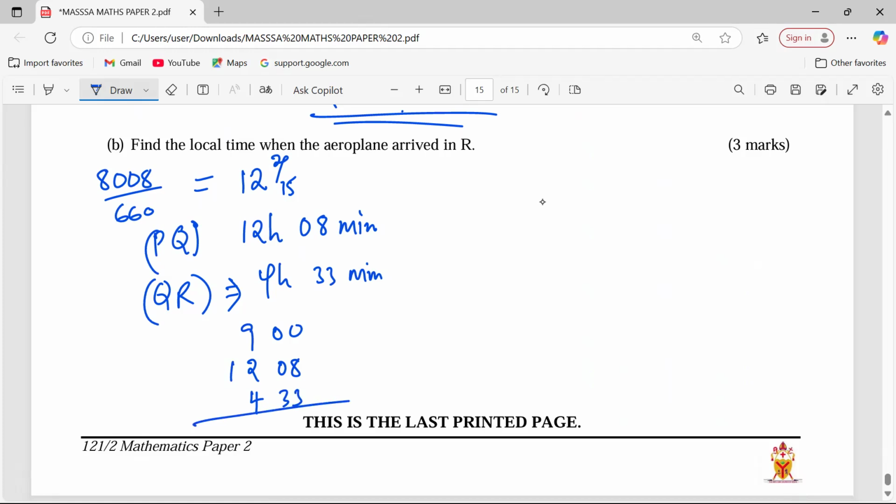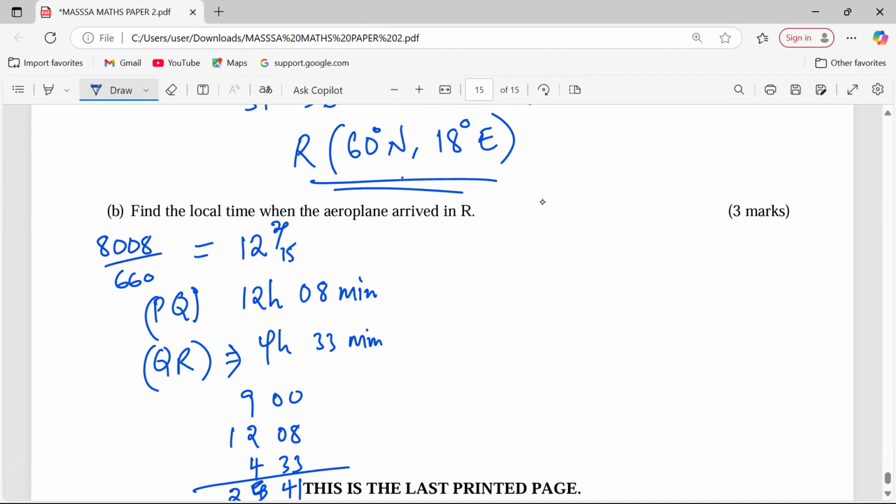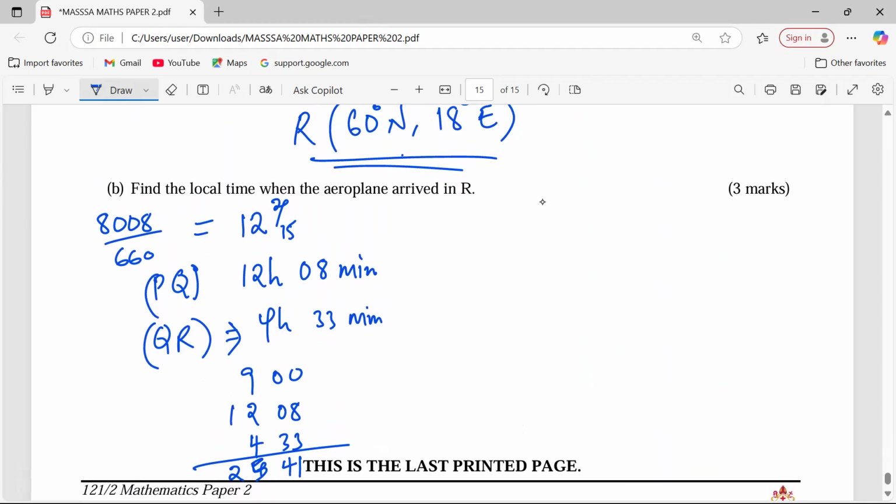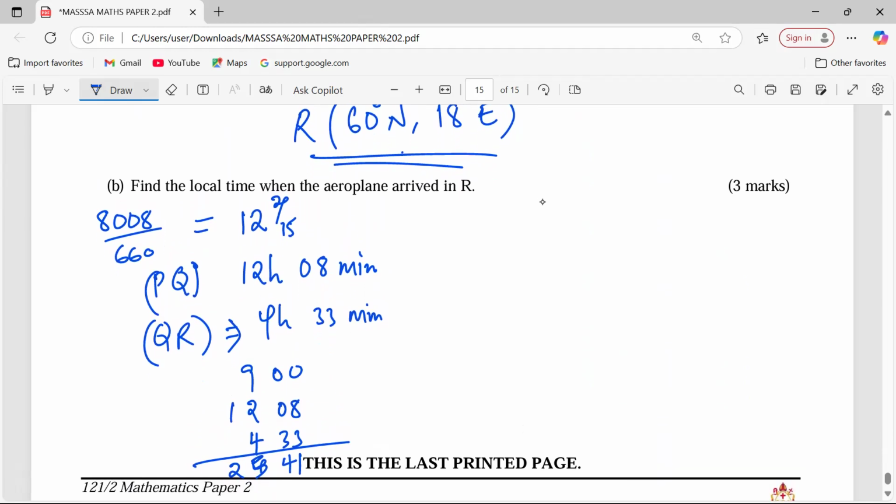Let's add this. 8 plus 33 will give us 41. Then we have 9 plus 12 plus 4, giving us 25 hours, 41 minutes. This is an indication that we are already on Tuesday.